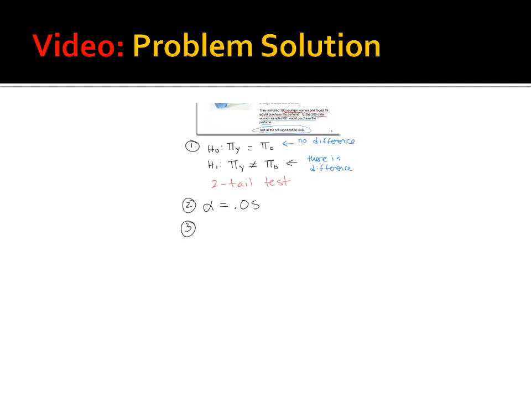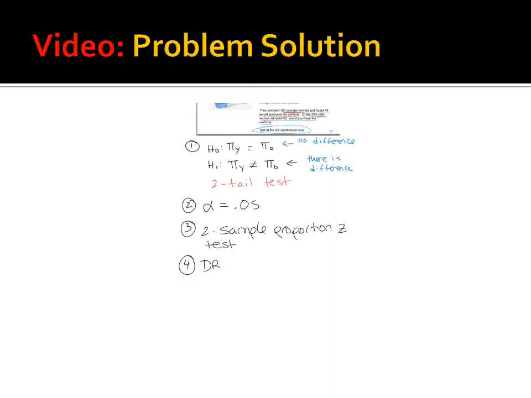Step 3, this is a two-sample proportion z-test. Step 4, our decision rule, done just like we did it in the previous chapter.